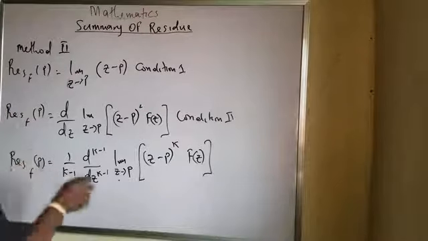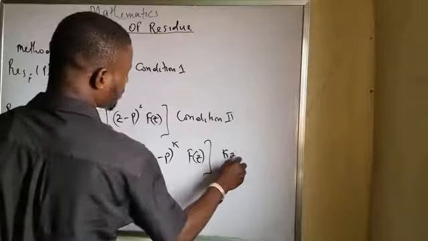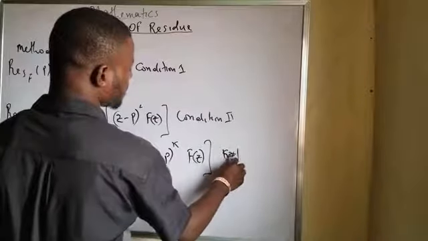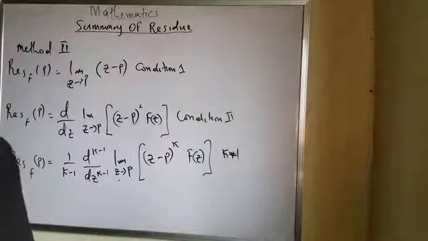My k must not be equal to 1. Once my k is equal to 1, there will be a big problem. That is condition 3.